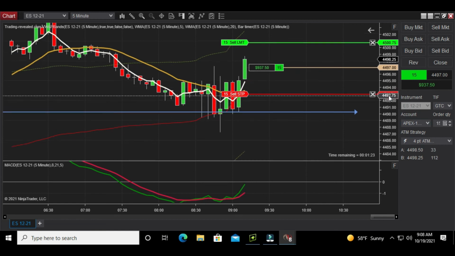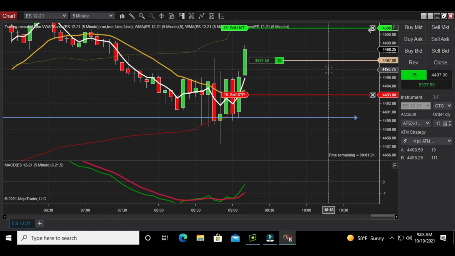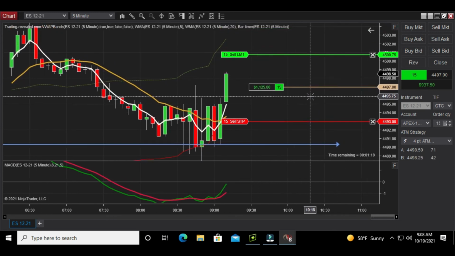On that second candle, as the second candle opens, it does go down a little bit into negative price, and I didn't want to drop my stop where it was because of the way that trailing drawdown works.